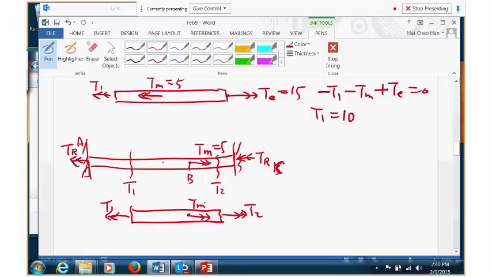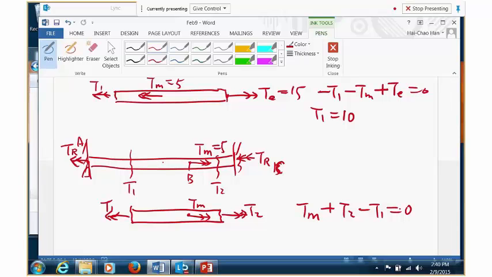All right, now what's the equation of equilibrium for this free body diagram? So you have TM in the positive direction, T2 positive, and then minus T1 in the negative direction equals 0. All right?